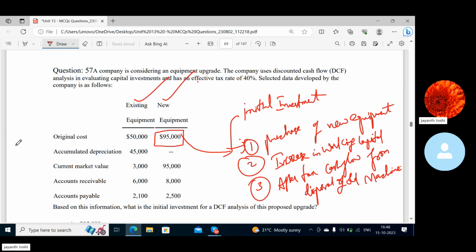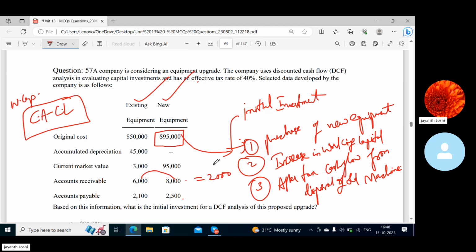What can be the second one? Increase in working capital. There are two things here. Working capital is nothing but current assets minus current liabilities. It is net current assets, right? So we have current assets here, current liability here. What we will see, there is a change of 2000 in this, correct?